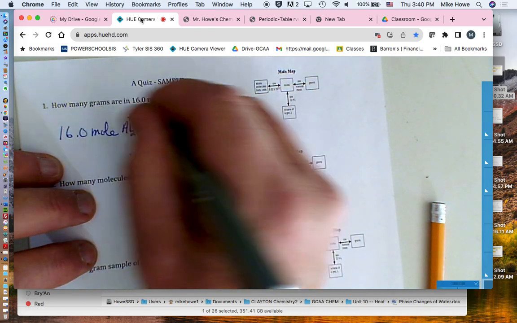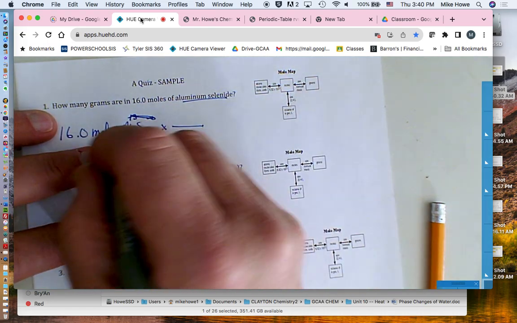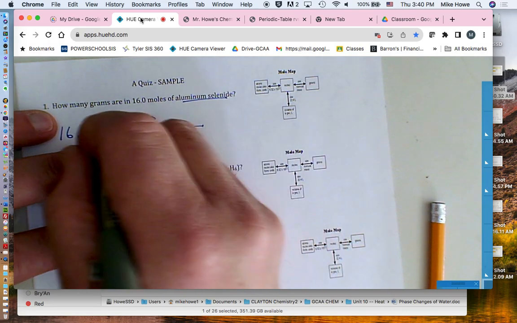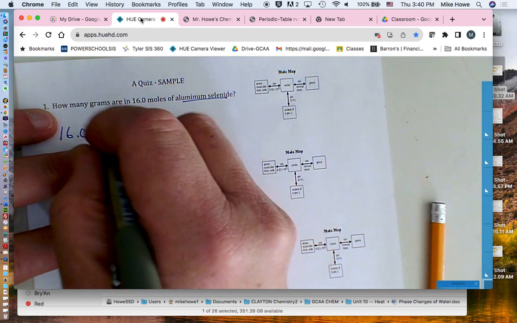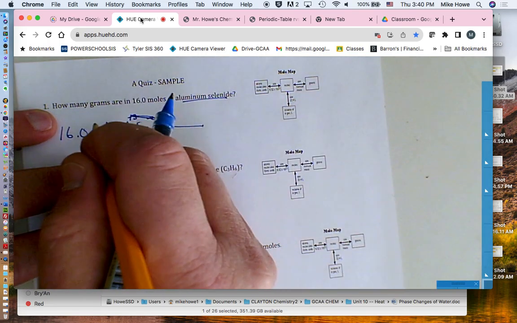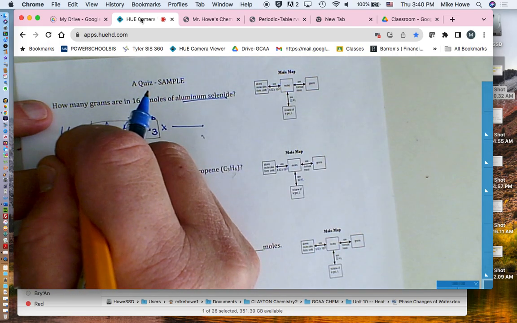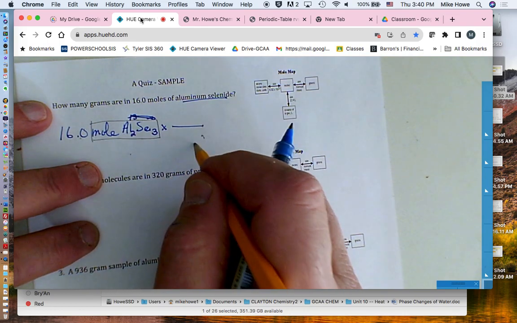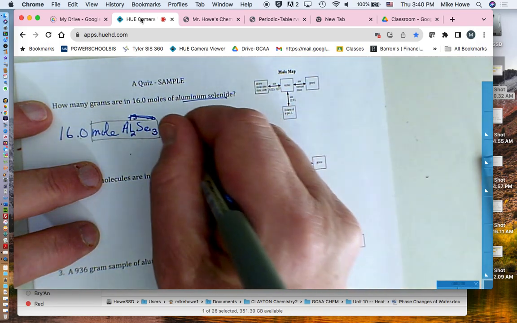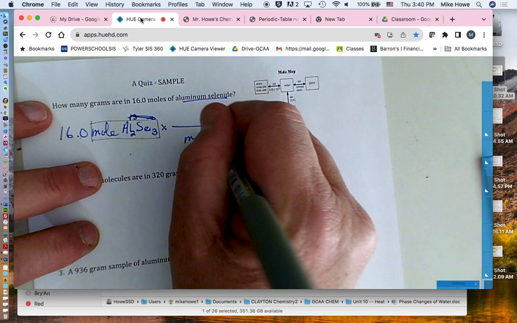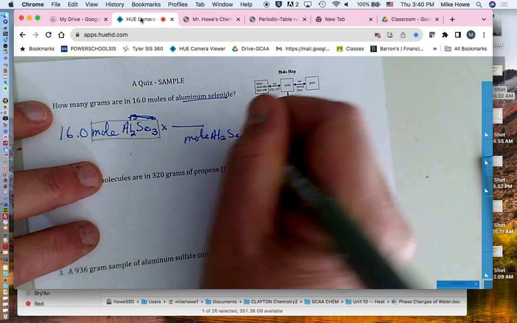All right, we're looking for grams. We have moles. So we need to get rid of moles of aluminum selenide. We've said in class a lot of times that whatever's here goes down here, not the number, but everything except for the number goes down at the bottom. So we'll put moles of aluminum selenide on the bottom.